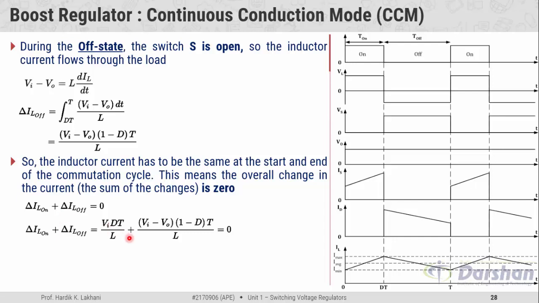And by rearranging the terms, finally we get the equation showing the relation between output and input voltage in terms of duty cycle D: V output is equal to 1 divided by (1 minus D) into V input.